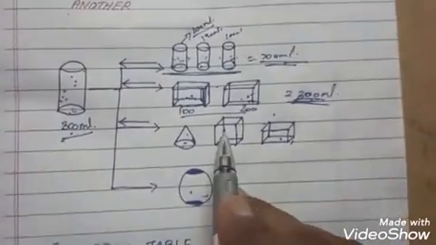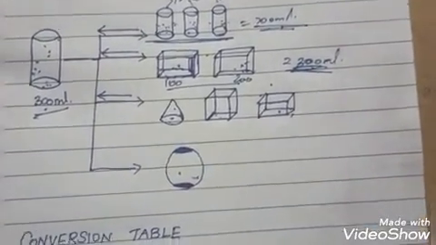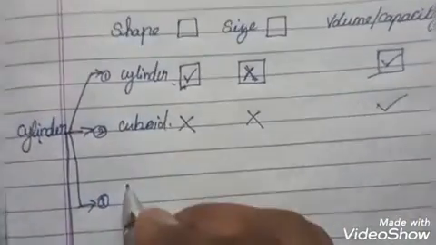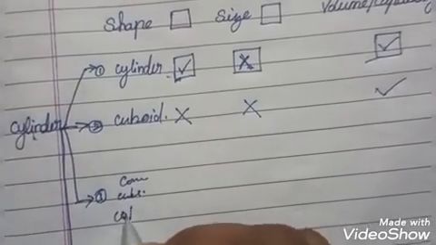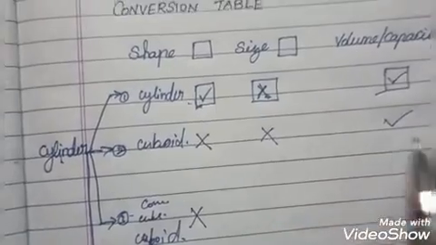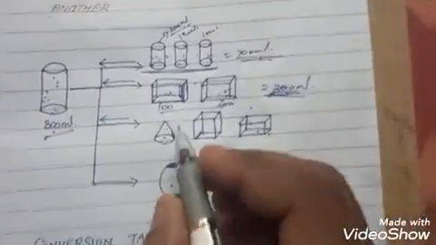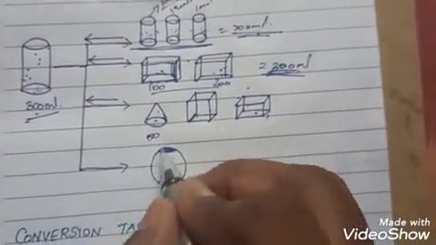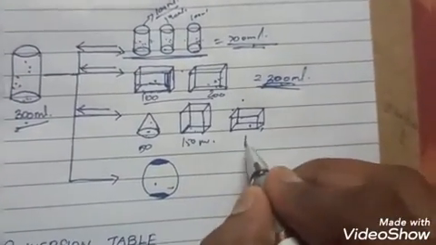Okay, and the third one: here you can see three different types of shapes. The shapes are a cone, a cube and a cuboid. So the shape is different and the size is different, but take this one as 50 ml, this one 150 ml and this one 100 ml.